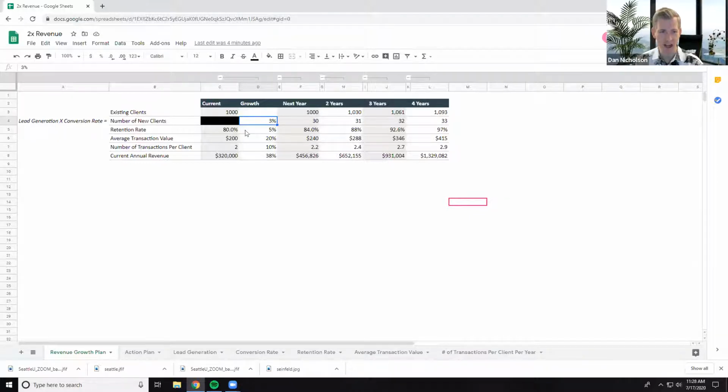And you're going to decide, what am I going to focus on, right? What do I think, based off what I know about my business already, is going to be highest leverage? Is it really going to be lead gen, or is it going to be higher leverage to increase transaction value? Presumably, the bigger the increases, the more effective you are at it already, the higher leverage it is, right?